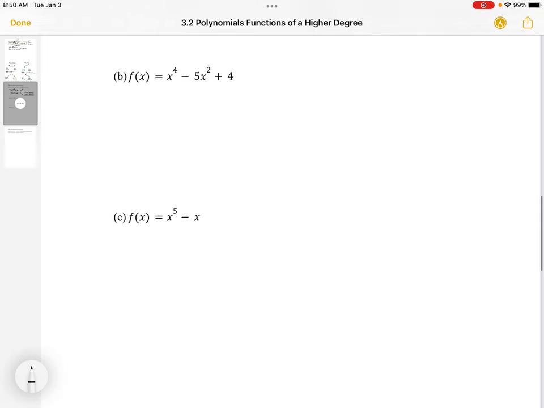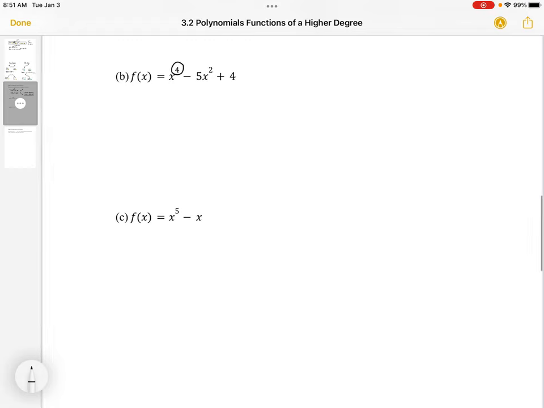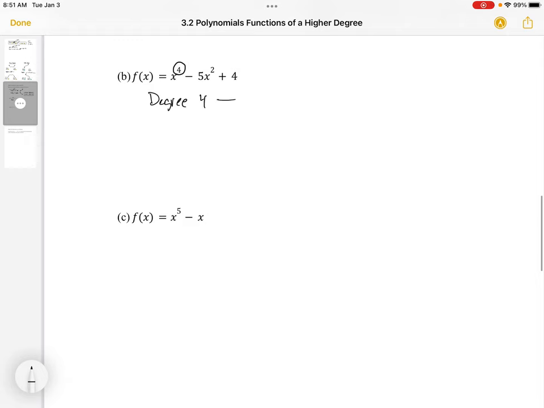Part B. We have our highest exponent is 4, so that means our degree is 4, which is even. So it looks something like that. Again, the graph may not match that equation, but the end behavior does. Our leading coefficient is positive, which means we don't have to change our graph at all.